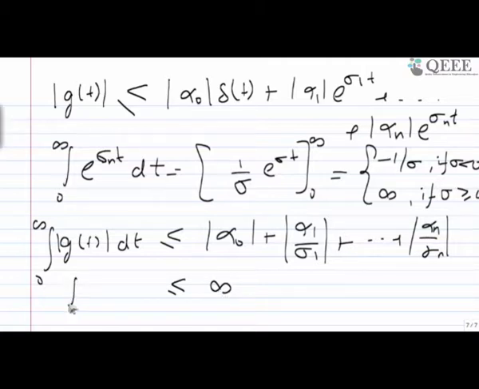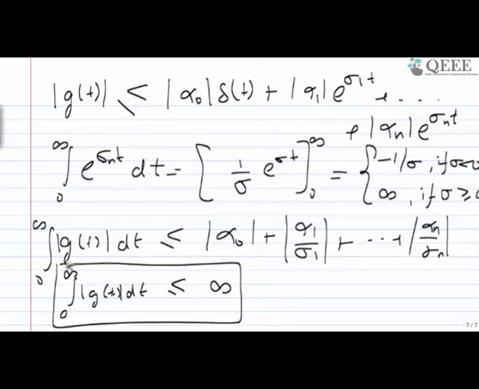So which will eventually give me finally the integral of g of t dt, and this is our definition for asymptotic stability: if the impulse response satisfies this condition, then I define my system as a stable system.